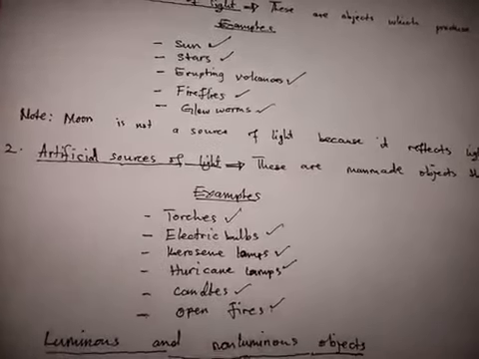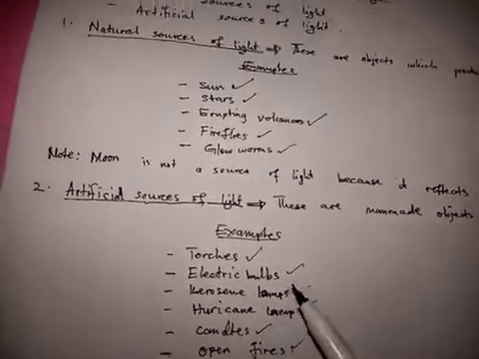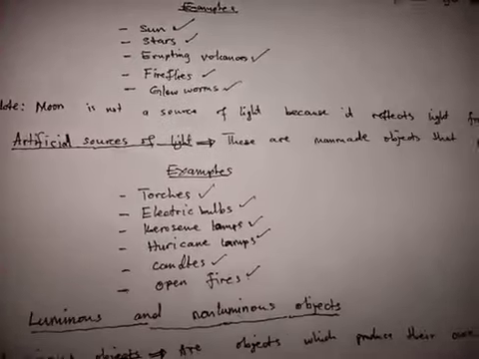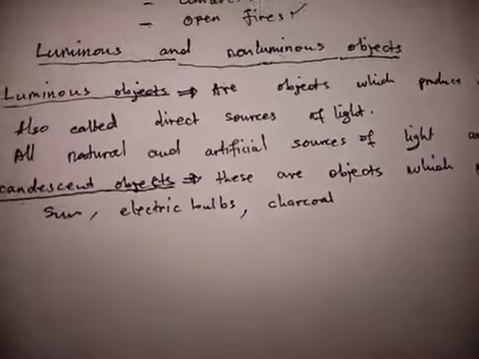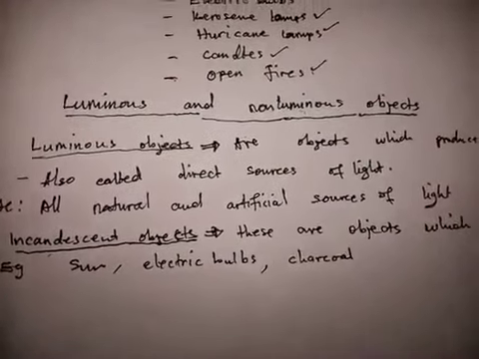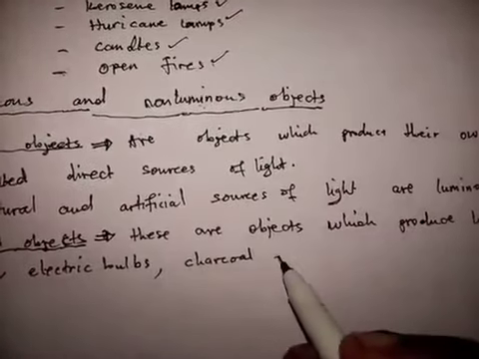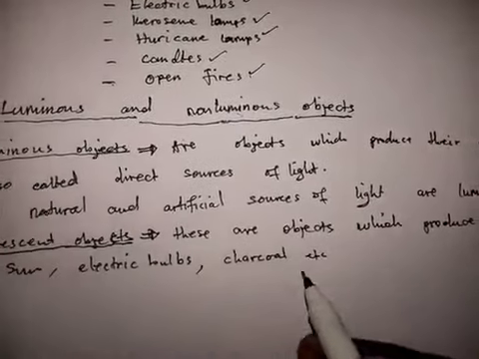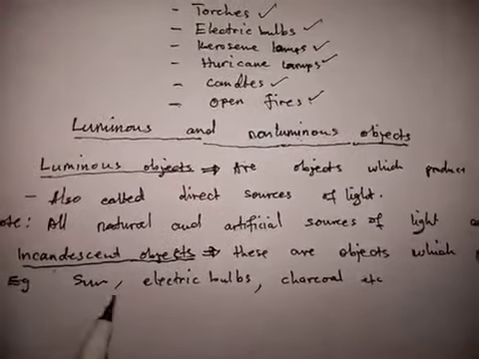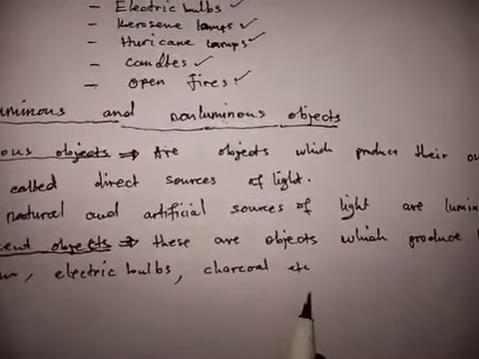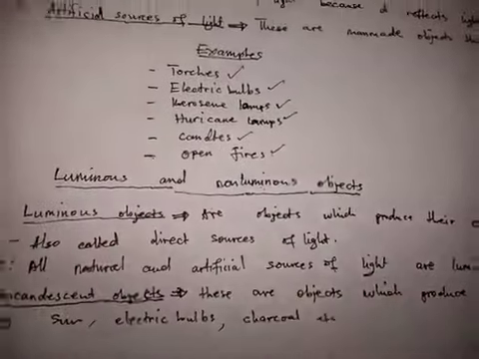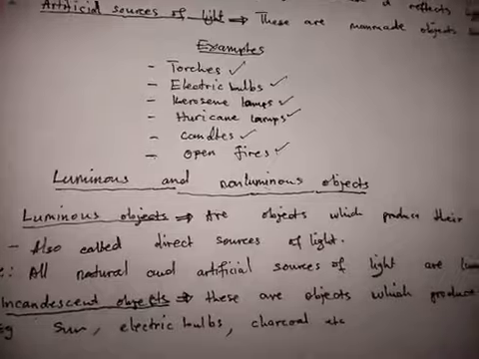But most of the objects we have listed in artificial and natural sources of light produce light when they are hot, and such objects are called incandescent objects. Sun, electric bulbs, charcoal, and others. The rest, find them from the examples we have listed above.